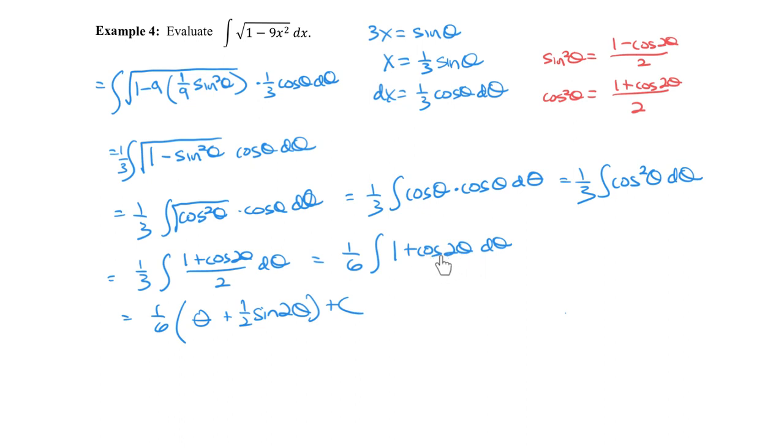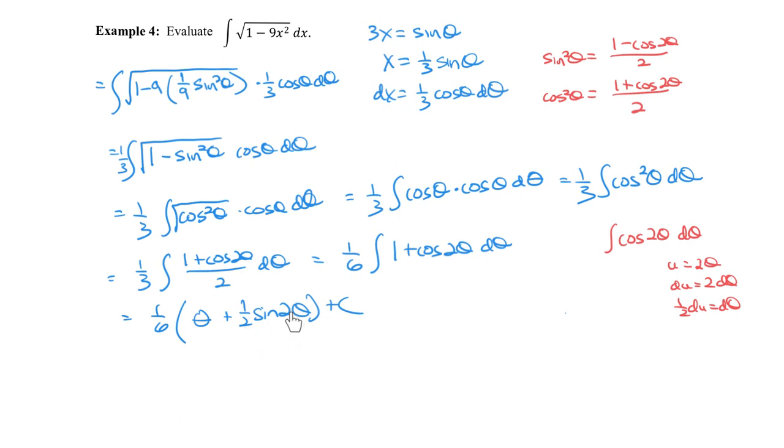If this just said cosine of theta, I'd say sine of theta, but there's that 2 theta. So it's like a little mini u substitution, which after 7.1 and 7.2 you probably don't need to do like this anymore, but it'd be like when you said u equals 2 theta, du equals 2 d theta, 1/2 du equals d theta, and this factor of 1/2 is in there, so that's where we get the 1/2.